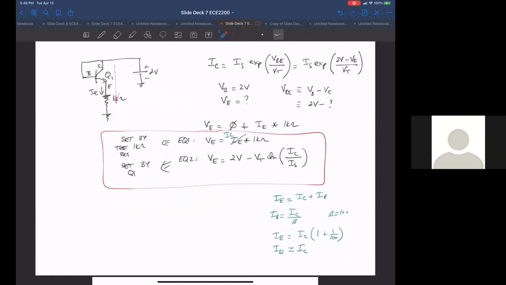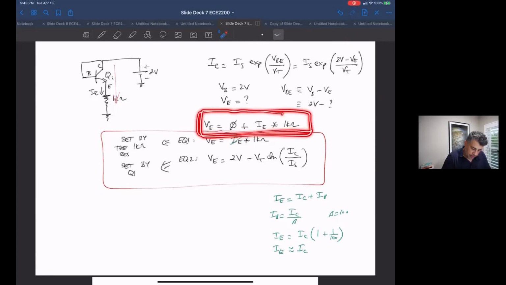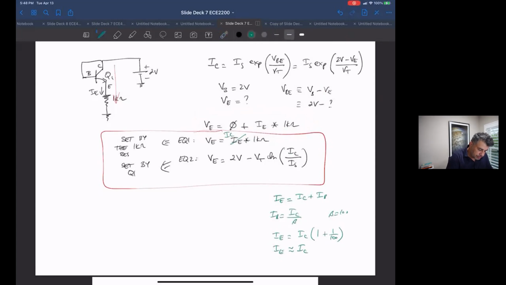Professor. Yeah, what's up, Nelson? Could you explain how you got the V sub E equation, the one with 0 plus I times 1 kilo ohm? This one? Yeah. Okay, so it's just KVL. If I look at the KVL at this point, this is ground, so this is 0, plus I have an I times R through this resistor, which gets me to this point, which is V sub E. You can think of this V sub E as being in relation to ground.